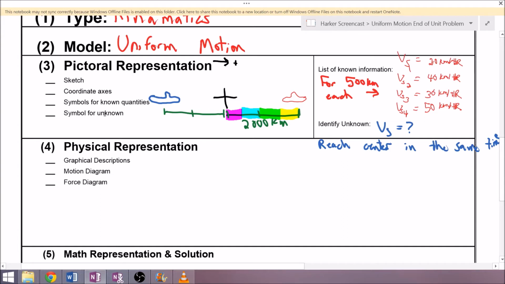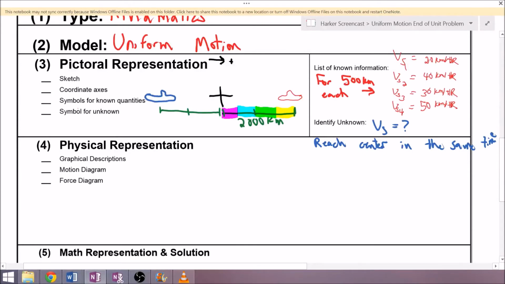Overall, our objective in this process is to start from very general and to work our way to more and more specific. So you can see that the graphical representation, for example, is more specific than the pictorial representation. So, okay, go ahead, pause and draw what you think, and then I'll show you mine in a sec.